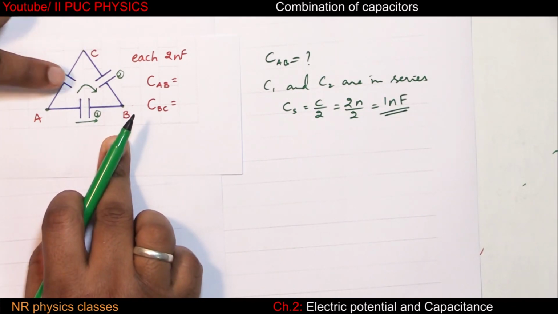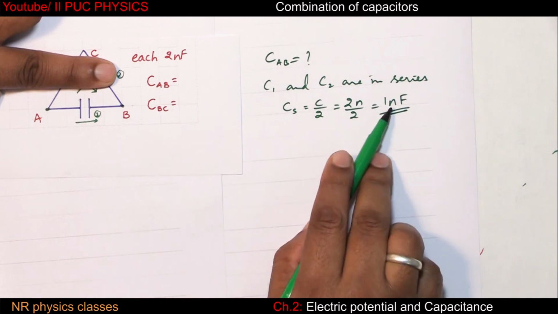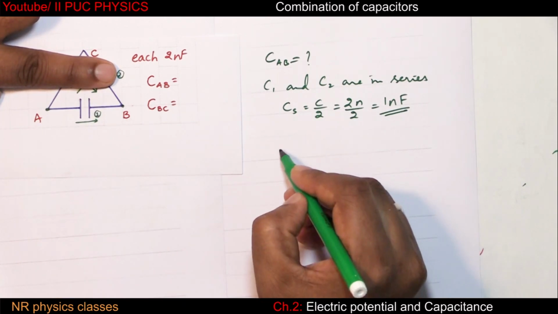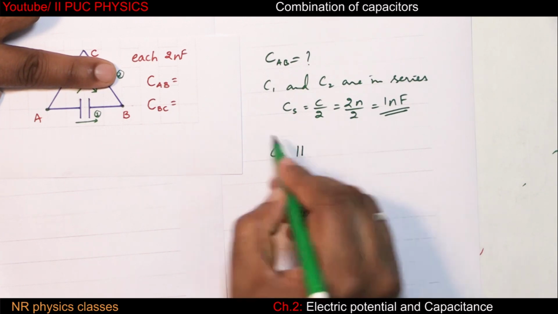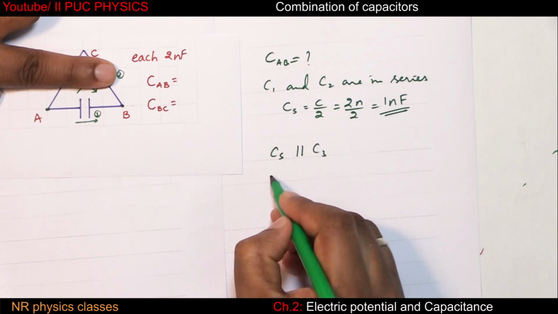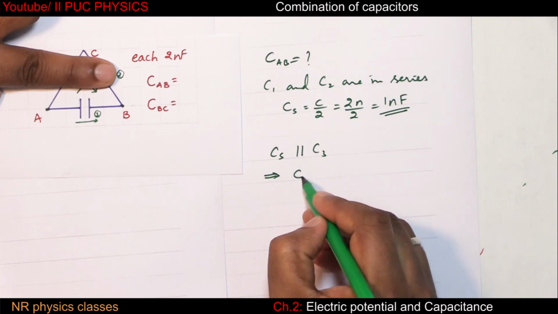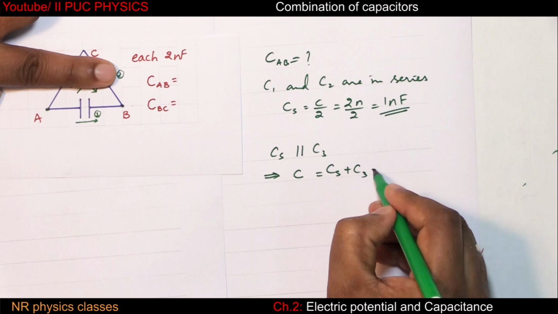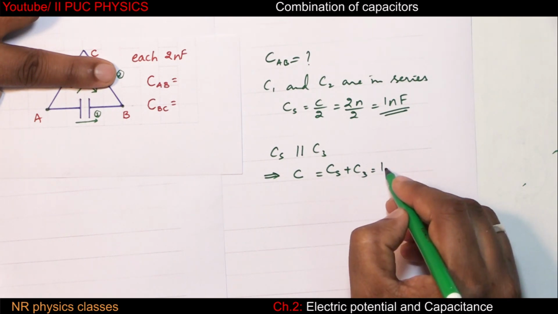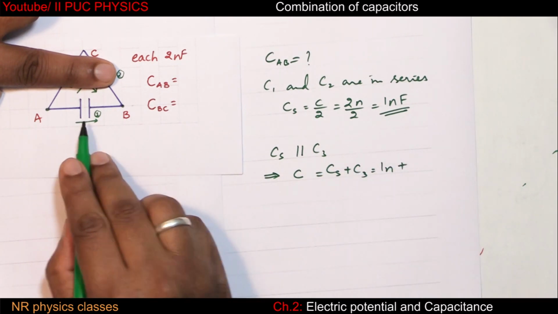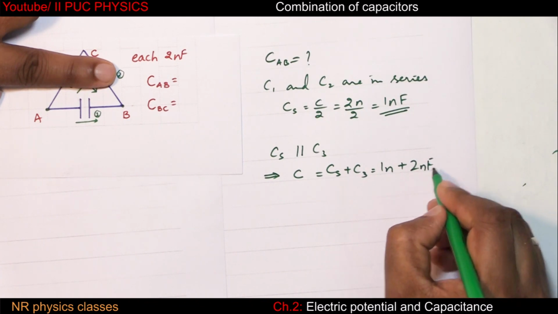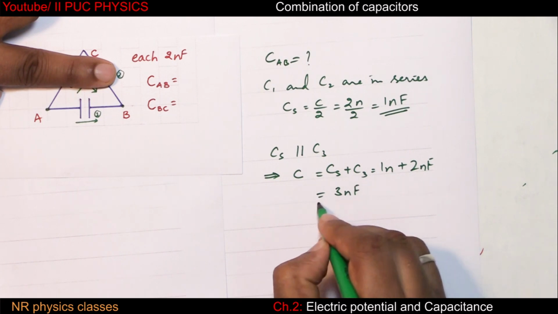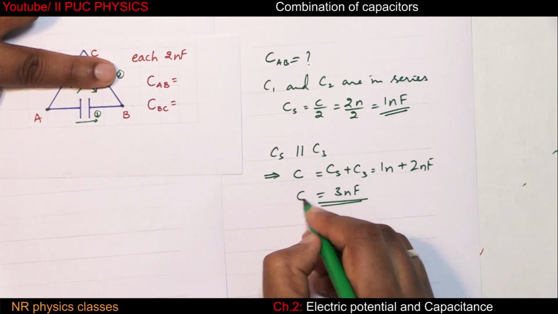So in place of these two, we have 1 nanofarad, that is in parallel with the third capacitor. Therefore CS is parallel to C3, which implies C equal to CS plus C3. CS is 1 nano, C3 is 2 nano. Therefore sum of these two is 3 nanofarad. This is C.